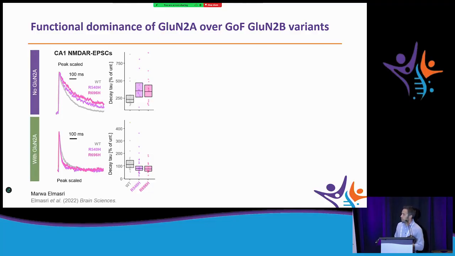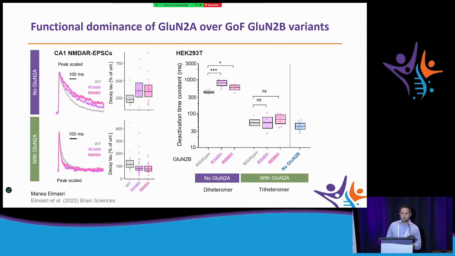So it's not just in neurons as well. Collaborator Casper Hansen was able to specifically express dihetramers or trihetramers.